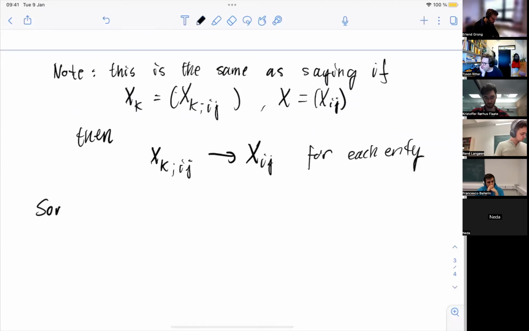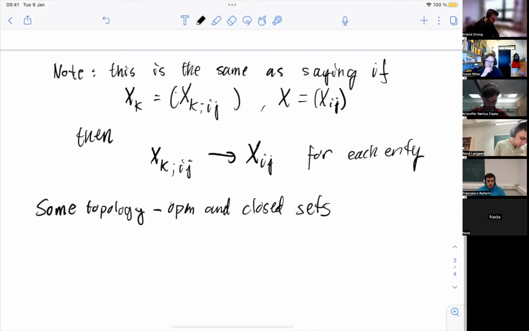Now, why this emphasis on distances? Because we need a little bit of topology. Now, we did not require any knowledge of topology before taking this course, so I'm going to go a bit easy on this.